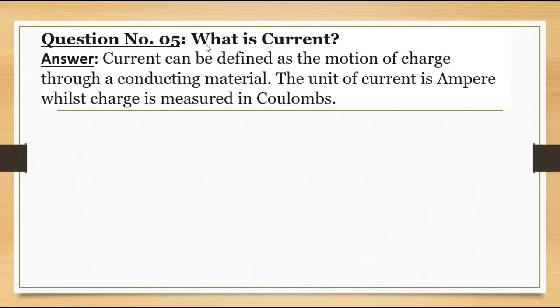Our next question is, what is current? This is a very basic question, but it will definitely be asked in your exams. The answer is, current can be defined as the motion of charge through a conducting material. The unit of current is ampere, while charge is measured in coulombs.